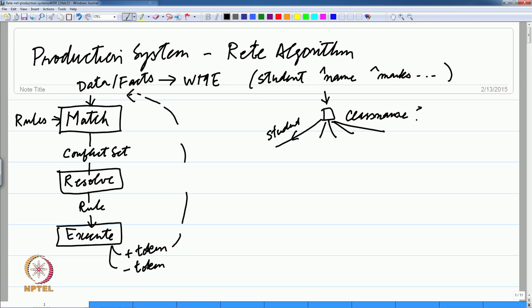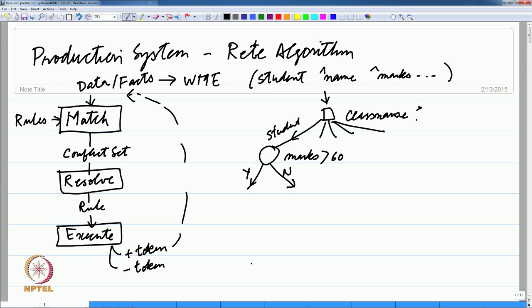Then we may ask some other question essentially. So, for example, we might ask something like marks greater than 60. Then what would happen is that whichever tokens have marks greater than 60 would go down the left branch, and the others would go down the right branch essentially.